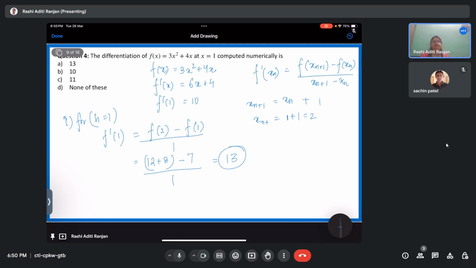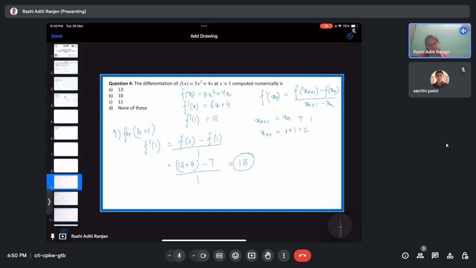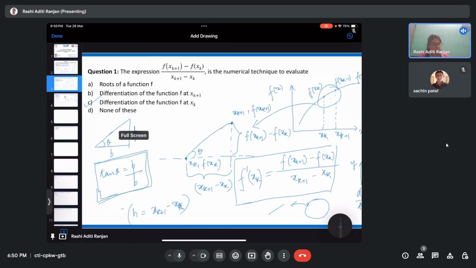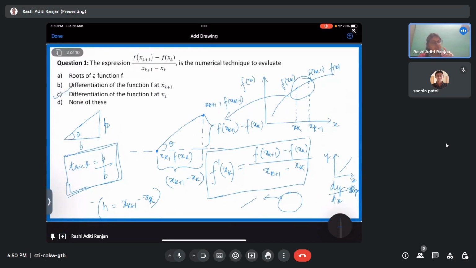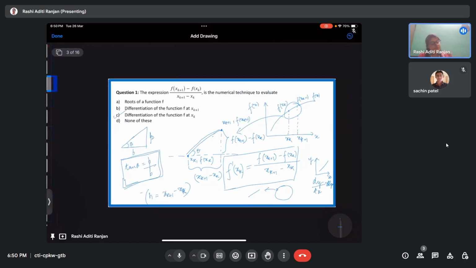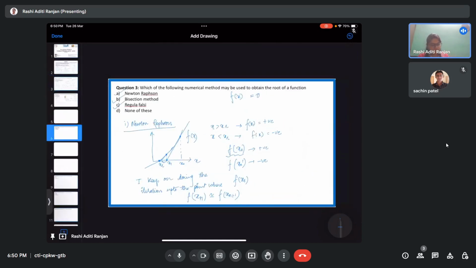Is it a correct answer? It is not at all a correct answer. But why is my numerical technique not giving me a correct answer? The reason is very simple. If you remember, as discussed in my first question, we assumed that this variation is actually a straight line.